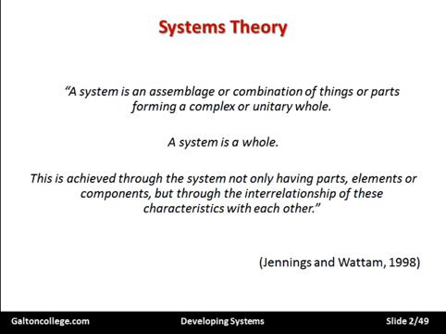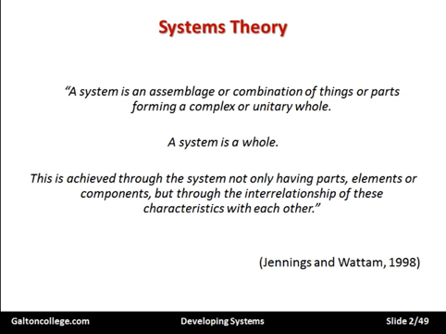So it's an assembly of things, of components, of parts that forms a single whole object. So a system is a whole. It's a whole thing. It's a whole object.